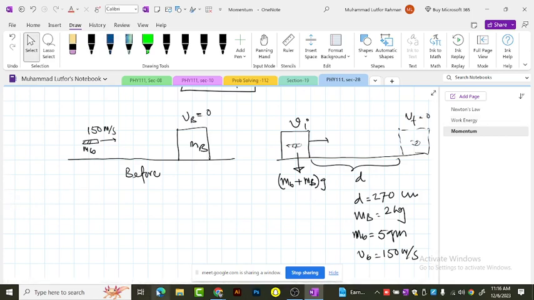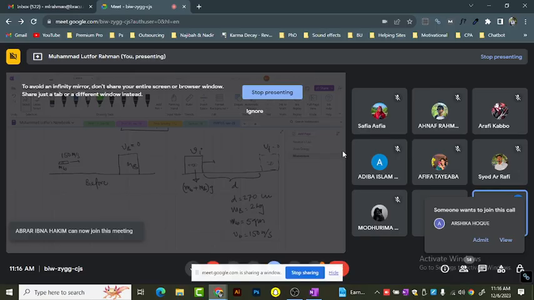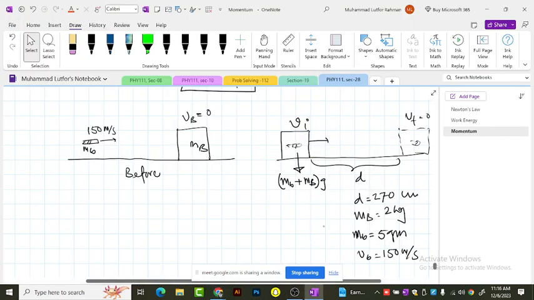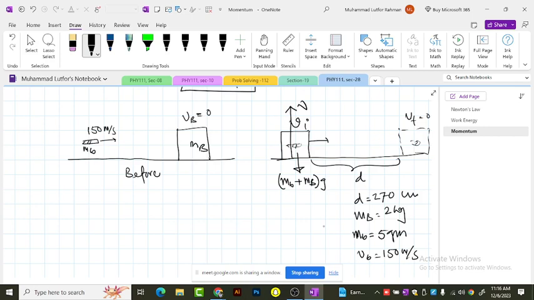Am I right? So this would be the normal reaction force. This would be the frictional force over here, and in this direction it doesn't have any force. It has only the velocity, the vi.